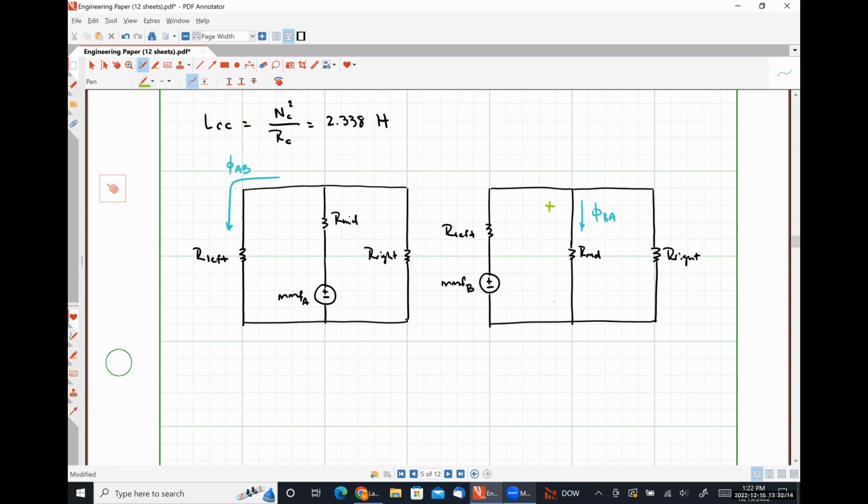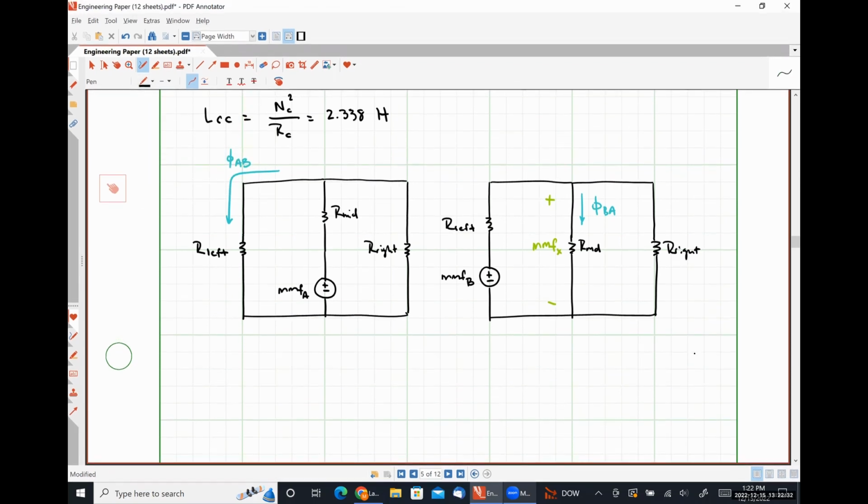All right. So effectively, what I'm going to do is find this MMF, which I'm just going to call MMF X. And then I'm going to divide that MMF by R mid, which will give me the flux flowing down. So if I lump those two operations together, I would find that phi BA is equal to MMF B multiplied by this ratio. So this is my voltage division, or MMF division, equation.